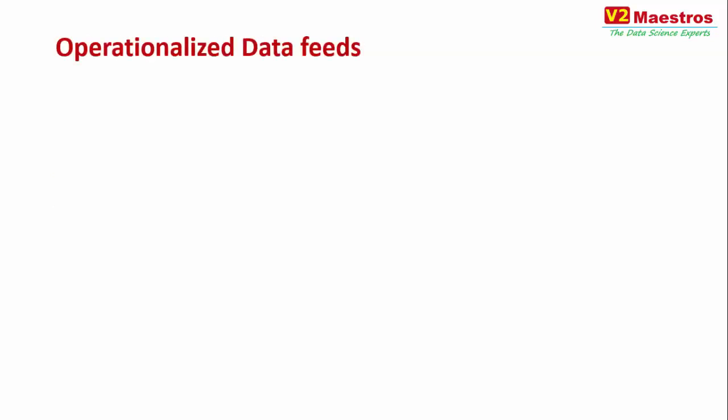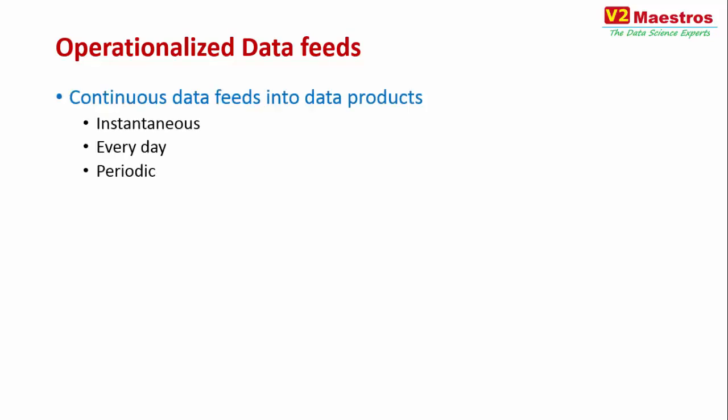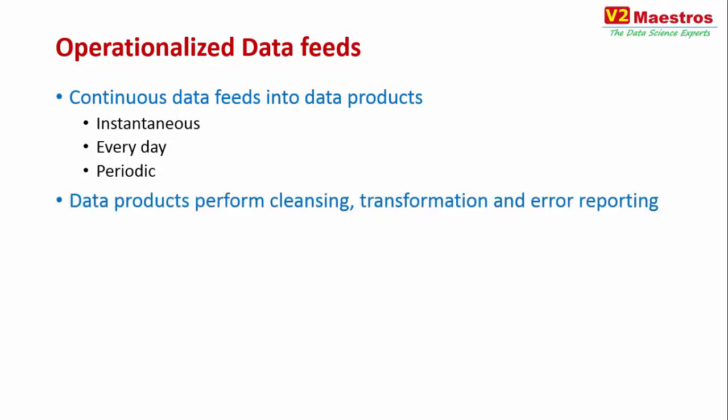Of course, the most important thing here is that you need to get operationalized data feeds. The data feeds from all the data sources now have to be continuous. When I say continuous, it's either instantaneous, where you keep getting them as they happen, or sometimes daily data dumps, sometimes once a week, 15-minute interval, 30-minute interval, depending on your use case. But it has to be operationalized so that the data keeps coming regularly. You don't have to work with somebody every day to get the data. It's all automated here.